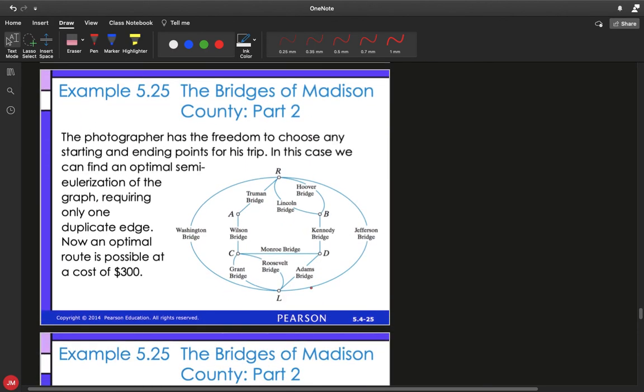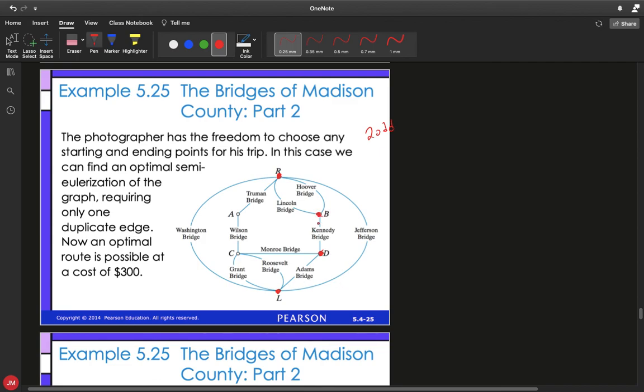So let's say instead that they had a little bit more freedom where they could start at one side and end at the other. So they were going to start their day maybe at R or L and then go from there. Then what becomes nice is remember that you get to leave two odd vertices. Out of the four, you really only have to find a connection between two of those rather than all four.